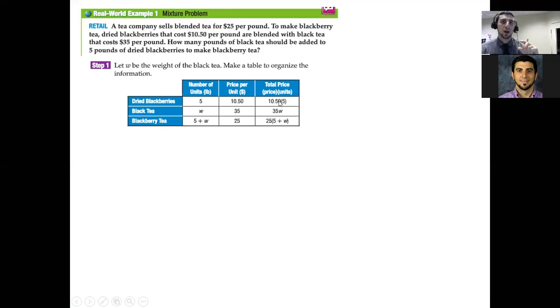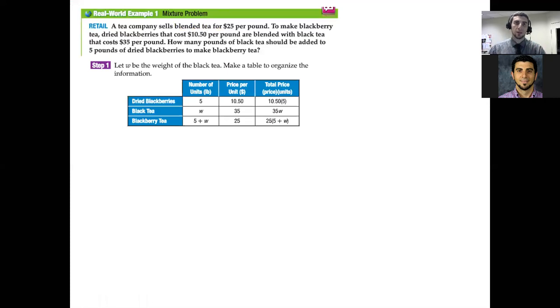Now here's where the important part comes in: the blackberry tea. We don't know how many pounds of blackberry tea it's going to make, but whatever it is, it's got to be a combination of the dried blackberries and the black tea. So we add those together to get 5 plus W, because blackberry tea is the total of how much blackberries you use and how much black tea you use.